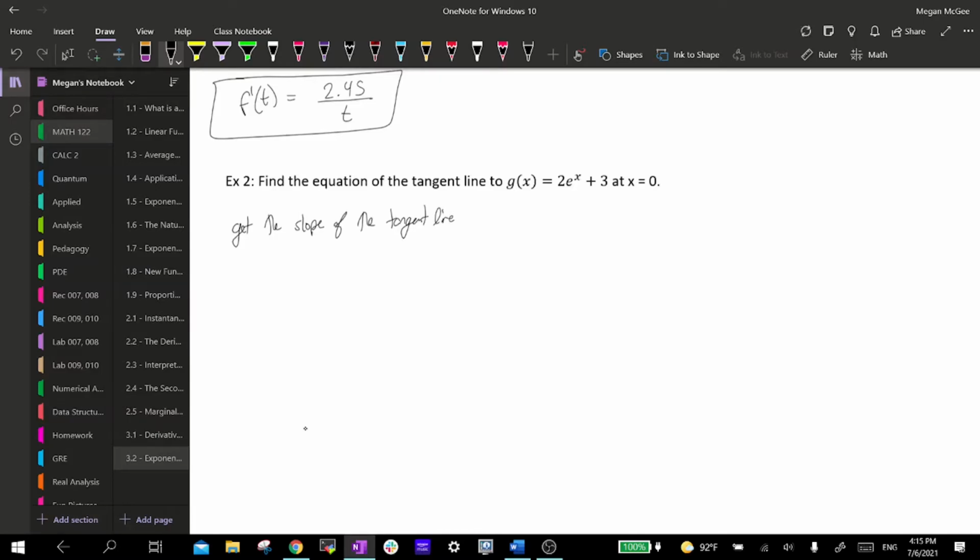And to do this, we must calculate the derivative at x is equal to 0. We need to calculate the derivative and then we need to evaluate it at the point. So let's go ahead and calculate g prime of x. That's going to be the derivative with respect to x of 2e to the x plus 3.